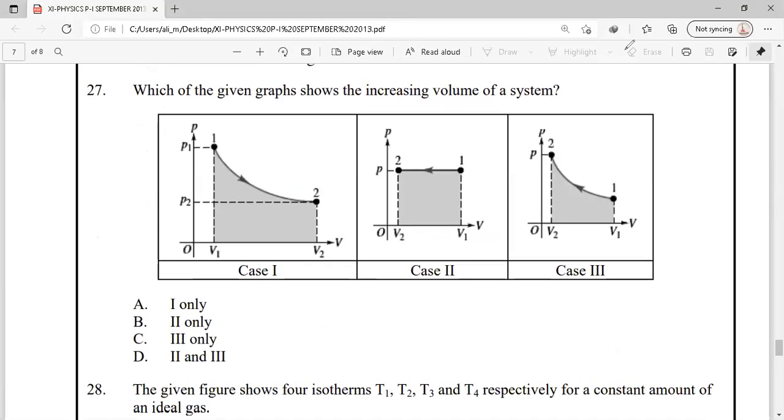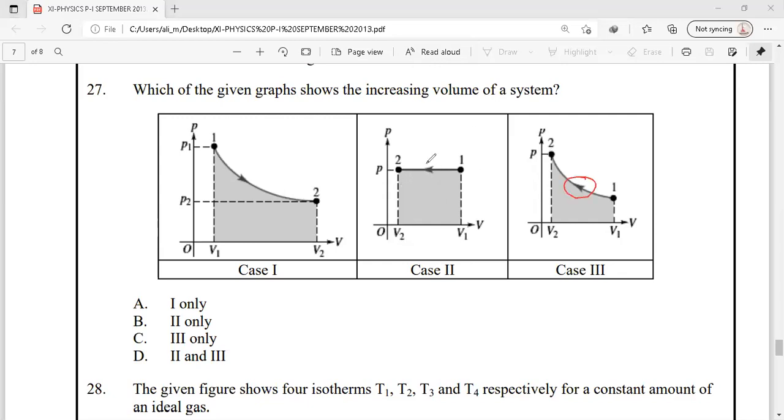Let's see question number 27. Which of the following graphs shows the increase in volume of the system? If we see the PV diagrams, case 1, case 2, and case 3, we have reverse arrows, and these reverse arrows represent compression. The question is asking about increasing volume, and increasing volume means expansion.